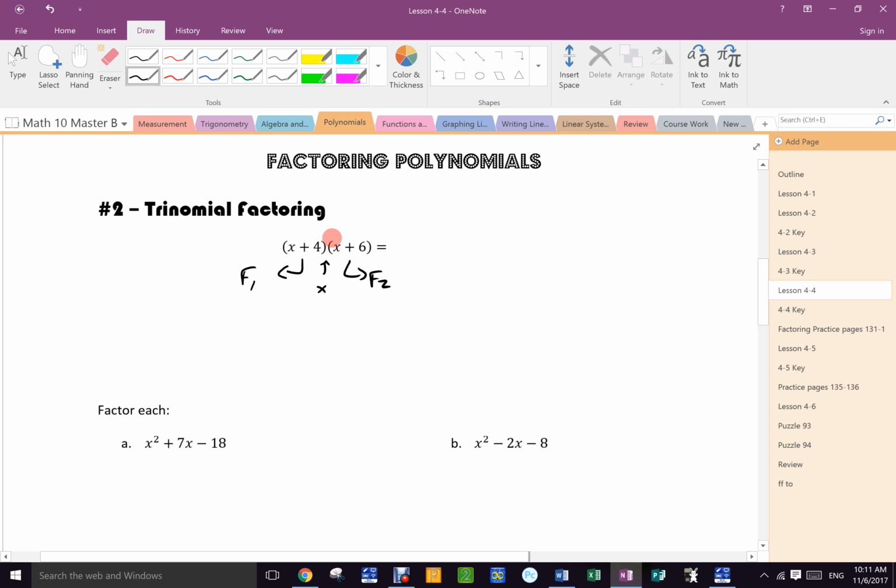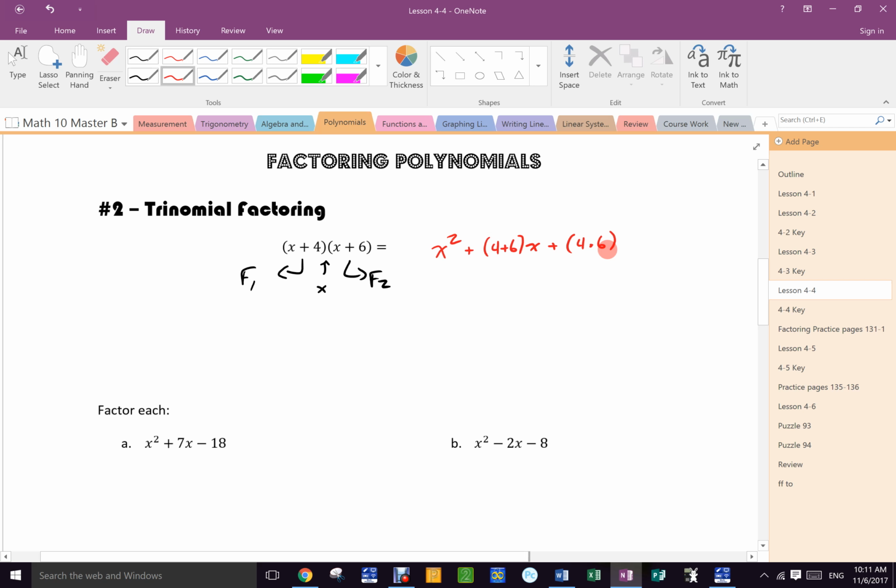I've taught you a way, and then I gave you a shortcut. Right? What was our shortcut? It was x squared, and then it was plus 4 plus 6, x, and then it was plus 4 times 6, yes?